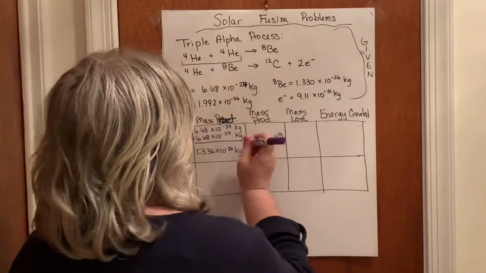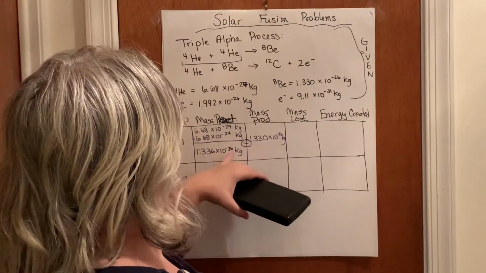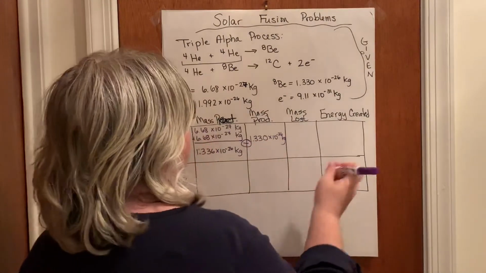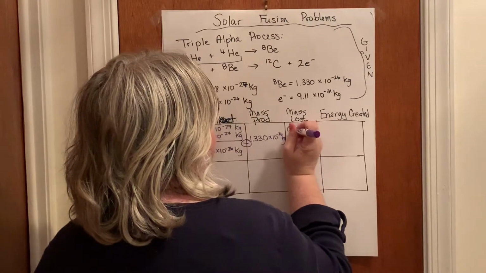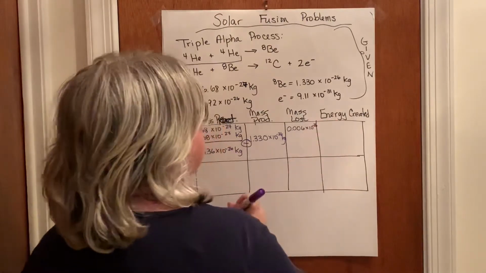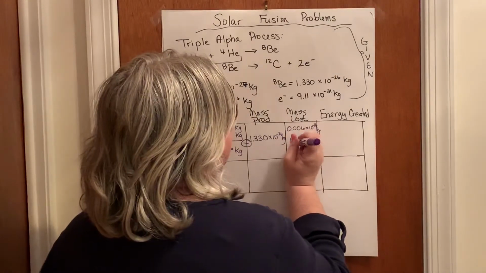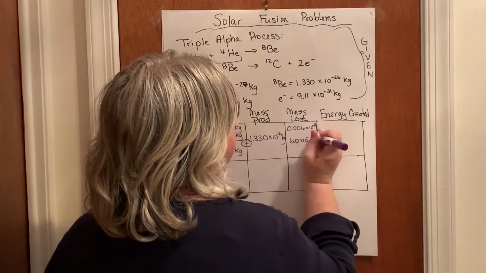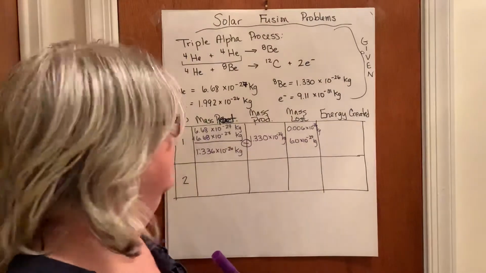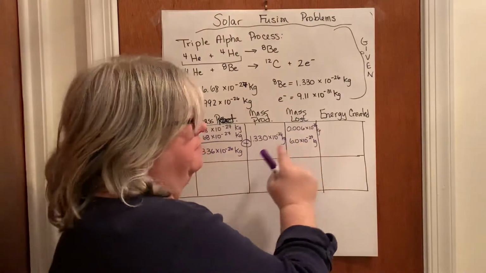So I'm going to subtract 1.336 times 10 to the negative 26 minus 1.330 times 10 to the negative 26, which gives me 0.006 times 10 to the negative 26 kilograms. Or we could write that as 6.0 times 10 to the negative 29th kilograms. Okay? Either one is okay. Your calculator will probably give you the bottom number.